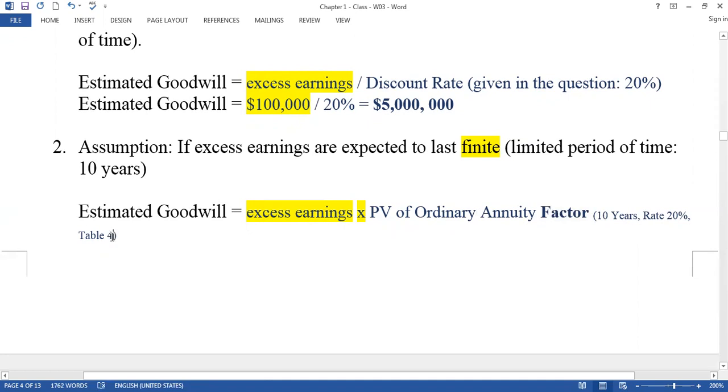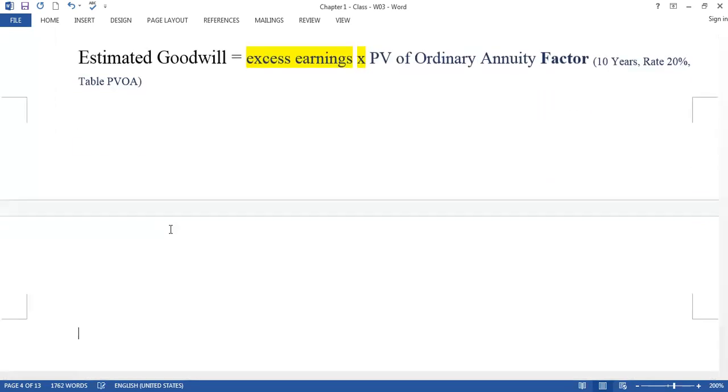Anyway, the table title is present value of ordinary annuity. This is the table title, PVOA. So using this table, we have to find a factor. We can assume a factor, no problem.